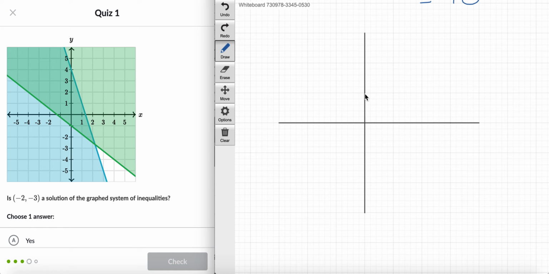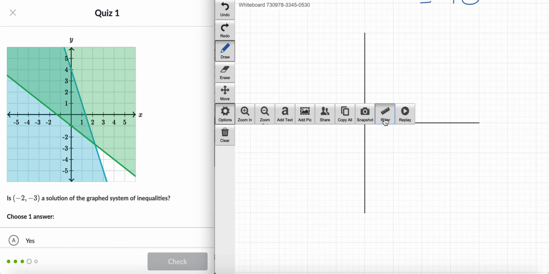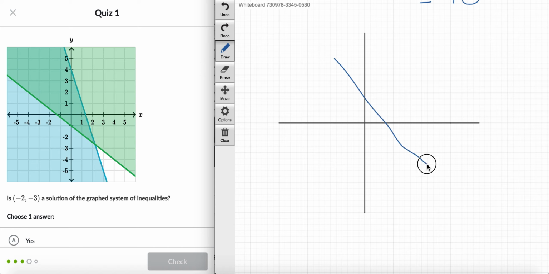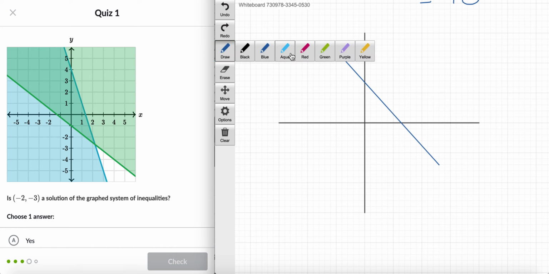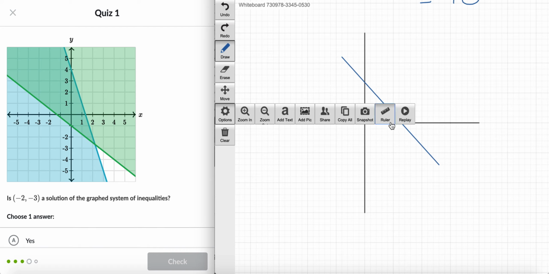I'm going to randomly draw some lines, and the shaded area, which is right here.